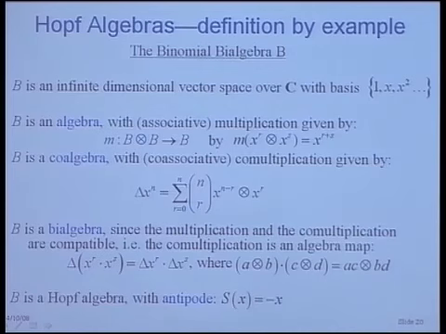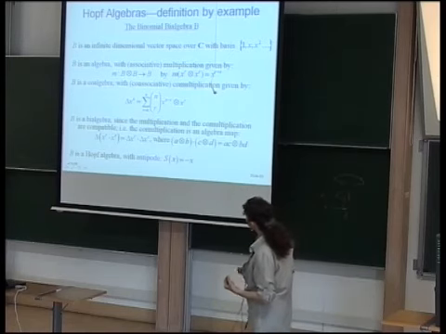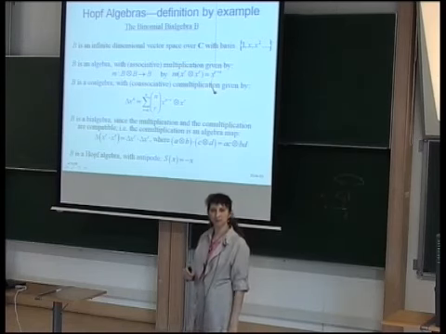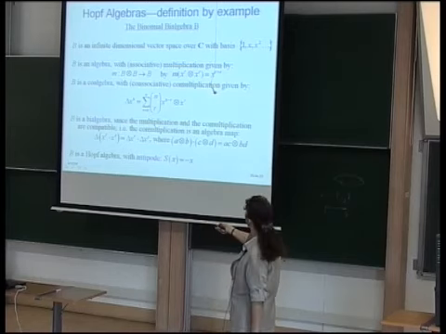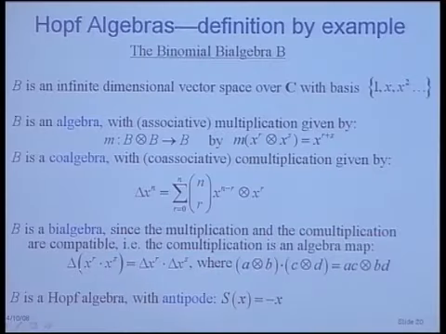Okay, you become a bialgebra if these two maps are compatible, meaning that, for example, this co-multiplication is a multiplication map. So if you do this to a pair that are multiplied, it's the same as doing co-multiplication to each of them and then multiplying those. All right. And then you get an extra, I'm not going to spend time on the antipode, but you get an extra little map that has some nice properties mapping the vector space back to the vector space.